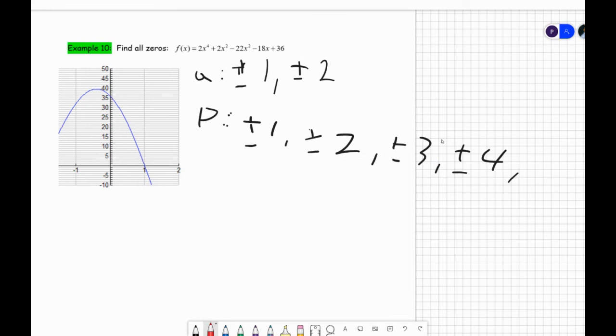You can check by using synthetic division, or you can check by plugging it into the function.